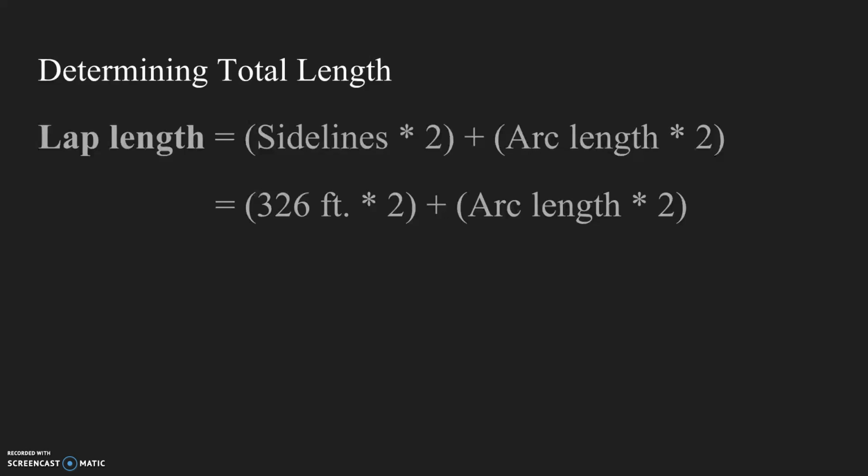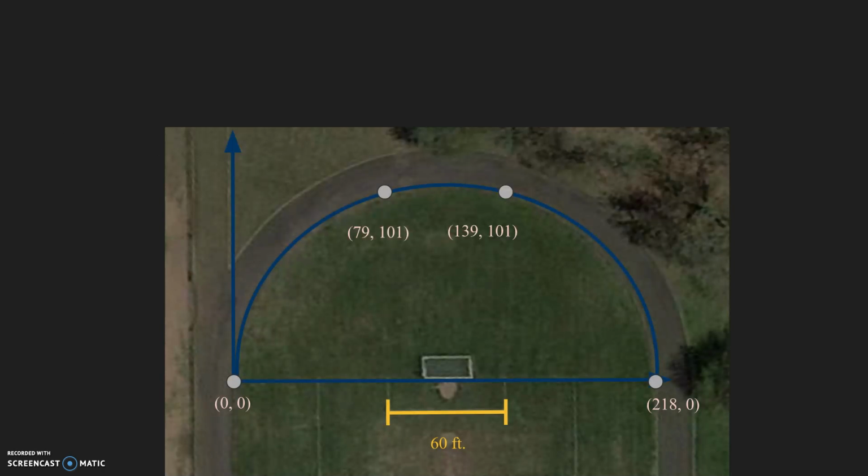In order to determine the total length of the track field, I will need to multiply the length of the sideline by 2, as well as multiply the arc length by 2, and then multiply those two values together. At the moment, I have the numbers for the first half, but this project will entail calculating the second half of this formula.